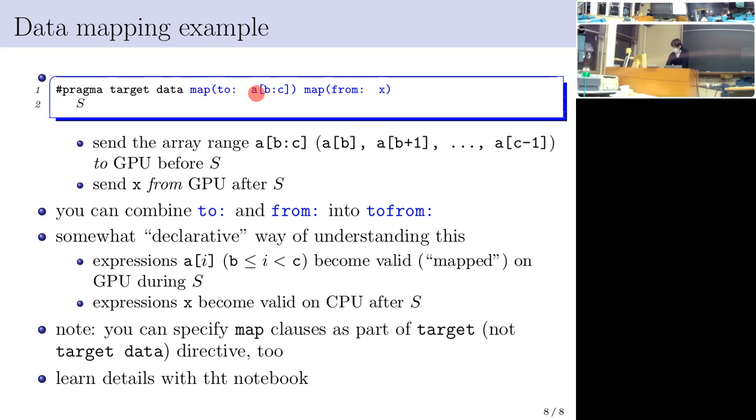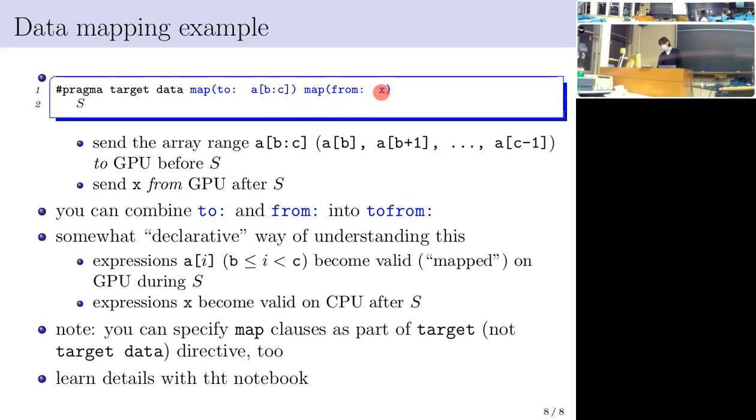So map to A from B to C basically says, okay, before you execute S on GPUs, you want to send the range of the array, from the Bth element to one element before the Cth element, so A[B] to A[C-1], to GPU before starting S. And when you say map from and a variable name, it can of course be an expression like this, or just a variable name or array name.